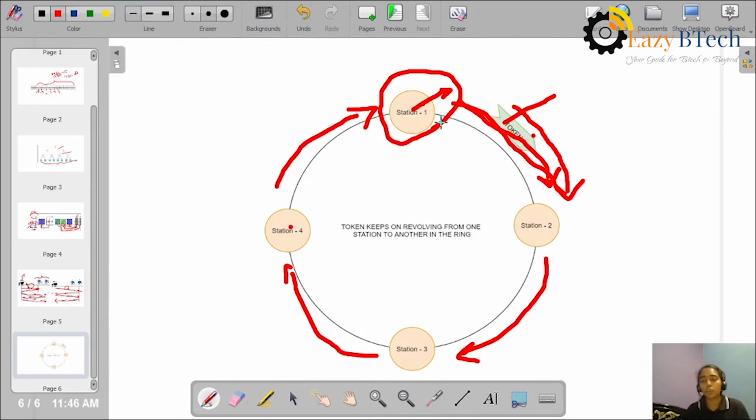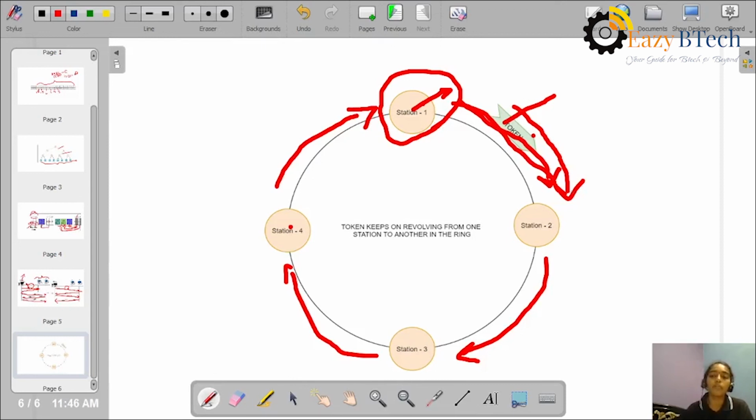If the token is not released, that station would communicate for a very long time. So after the process is completed, the token is released and assigned to the next station connected to that network. This is the token ring concept.